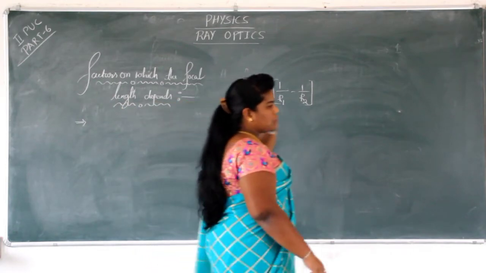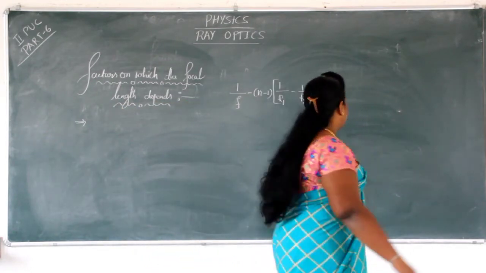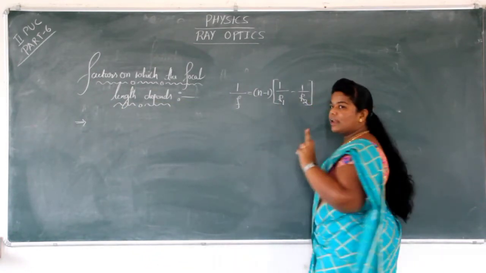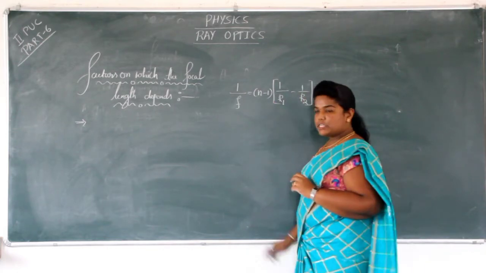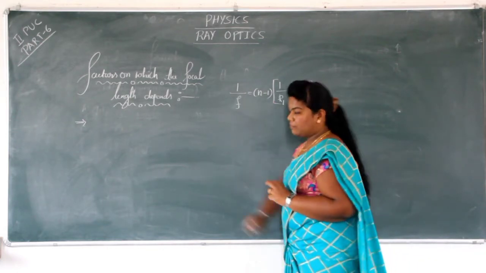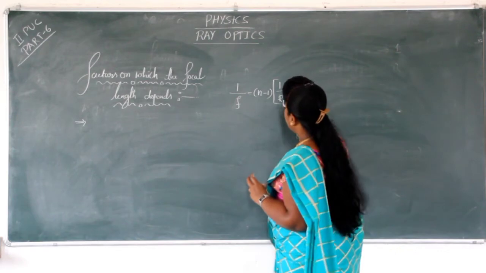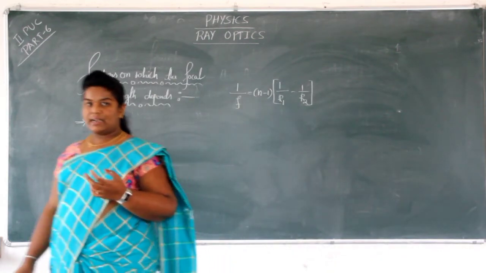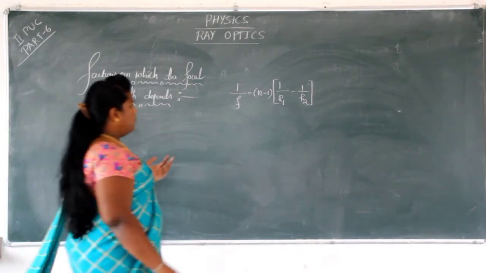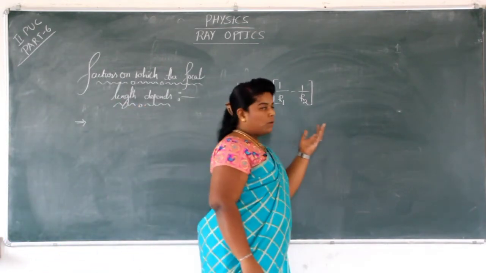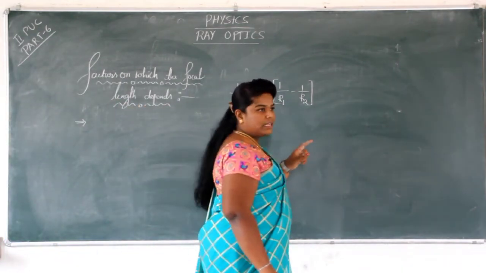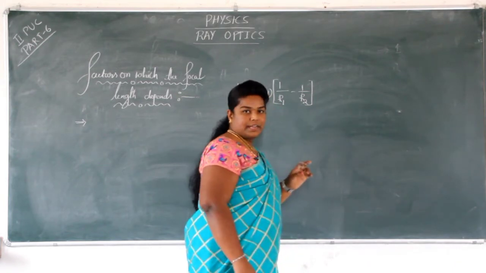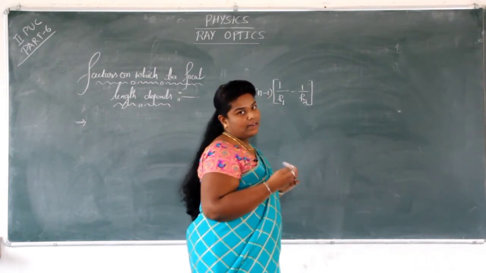In the formula 1 by f is equal to n minus 1, n is the refractive index of a lens, and 1 is the refractive index of the surrounding medium. Suppose we have water surrounding a lens, then it is not proper to write exactly n minus 1. Why? Because n is the refractive index of the lens and 1 is the refractive index of the medium which surrounds the lens.